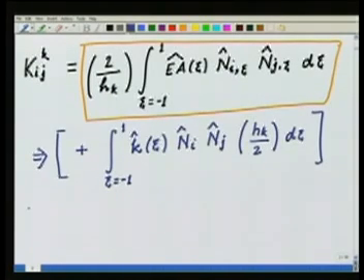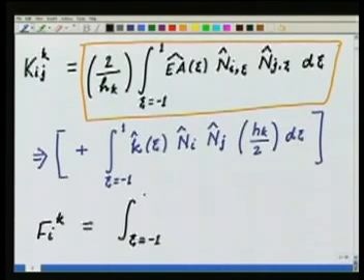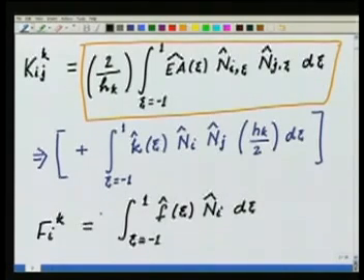Similarly, the load vector for the element will now look as integral psi is equal to -1 to 1 f hat of psi into ni hat d psi, and here I will have the effect of the Jacobian, which is hk by 2.